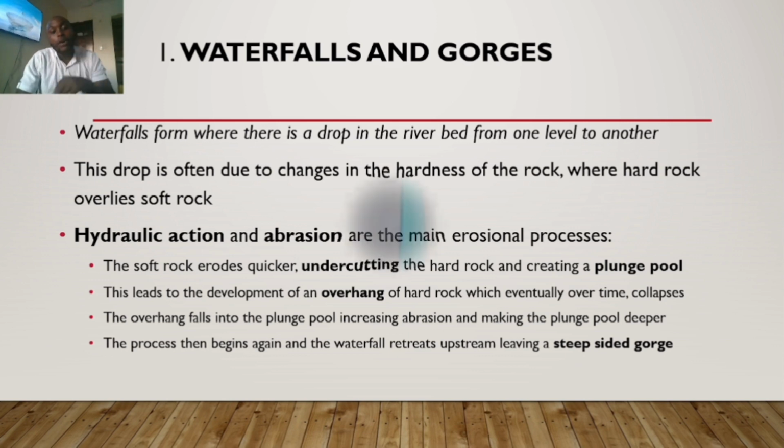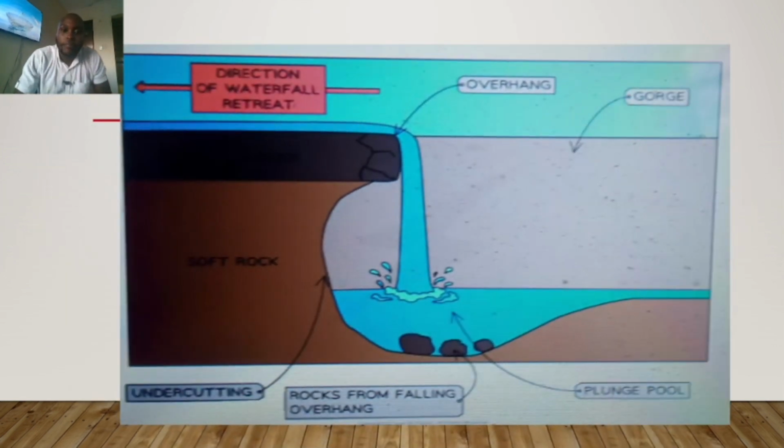It's clear? All right. Now look at the picture. This is what I'm talking about. You have this hard rock, and the rock below is a soft rock. So erosion is taking place due to abrasion and also hydraulic action. As erosion is taking place there, it will create a plunge pool. So the plunge pool is down here. And then with time, this hard rock will be kind of overhanging.